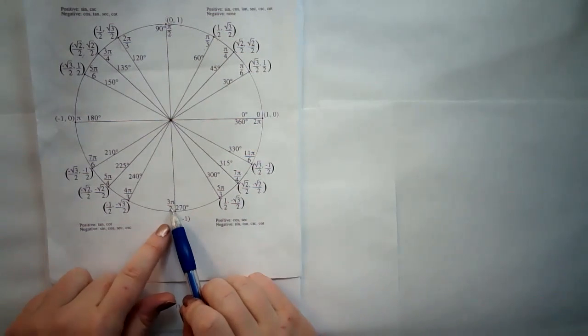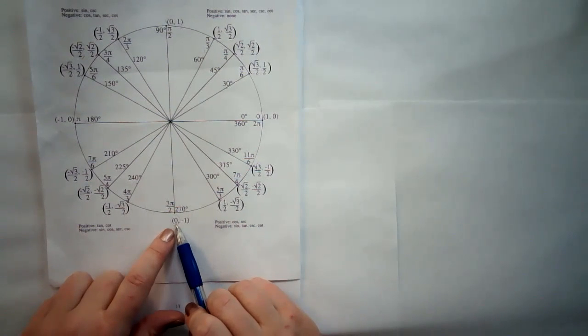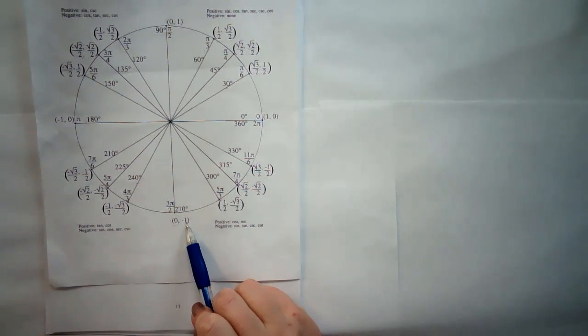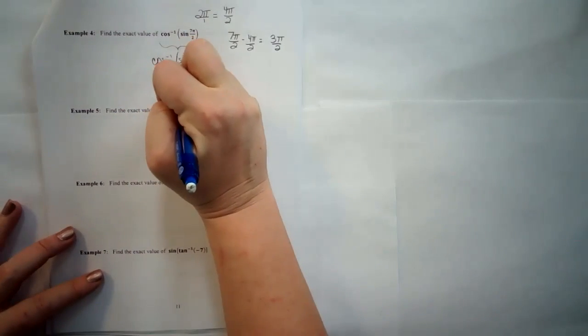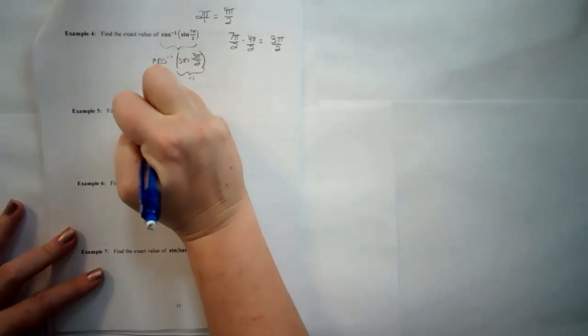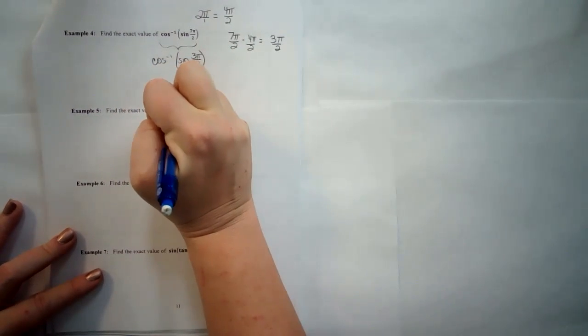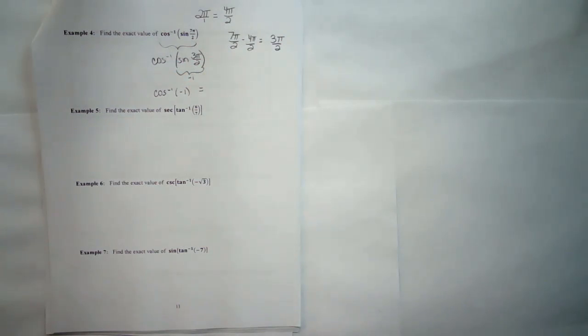Cosine would be 0, sine would be negative 1. So this would be negative 1, which means now I want the inverse cosine of negative 1, right? So I want to know what angle is going to give me a cosine of negative 1. That's what I'm looking for.